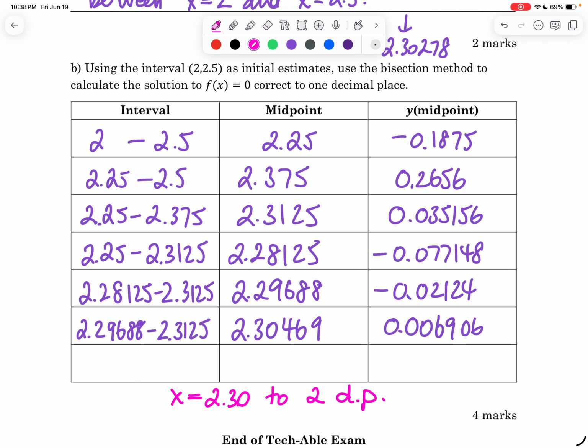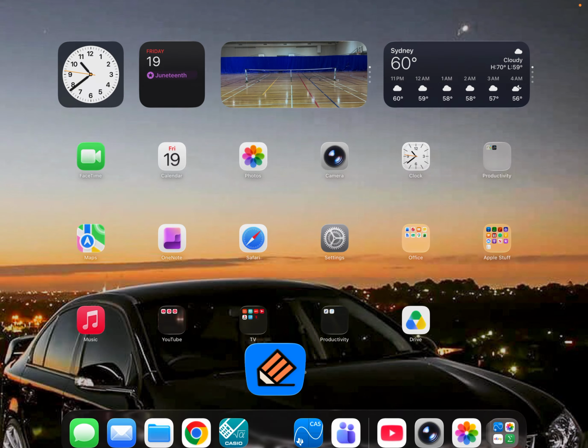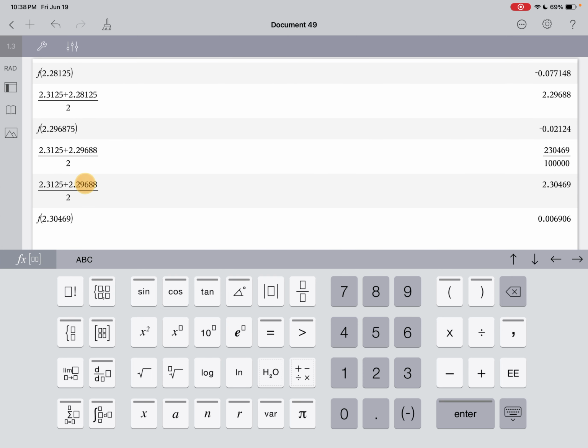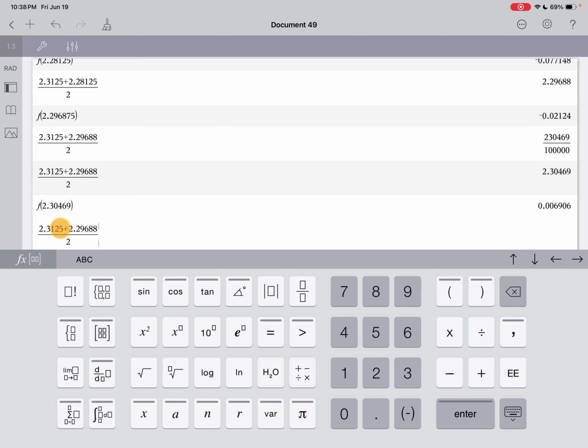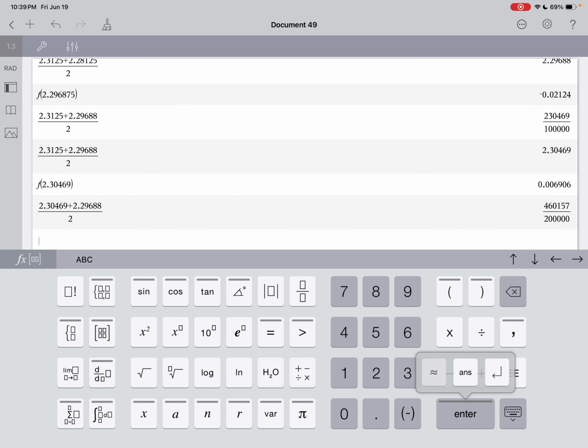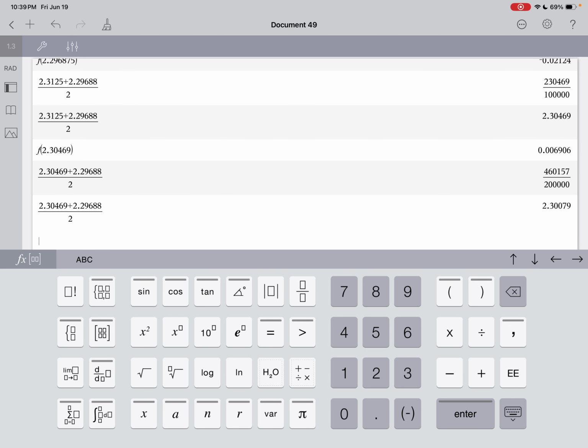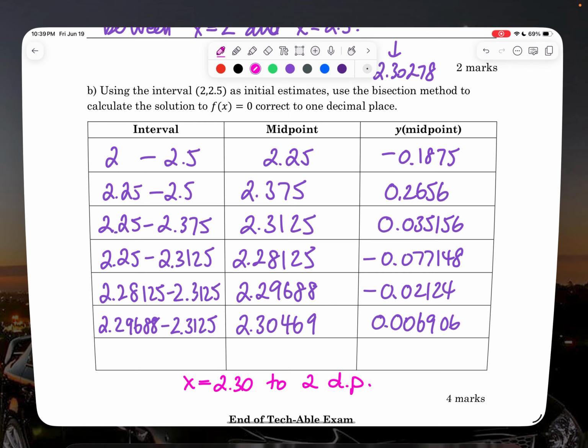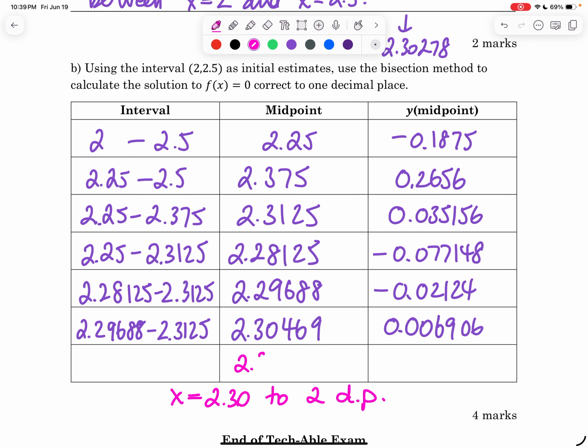Now here, because that was positive, if we replace the 2.3125 with it, we get 2.30079. So because that's repeated, we know that's our answer.